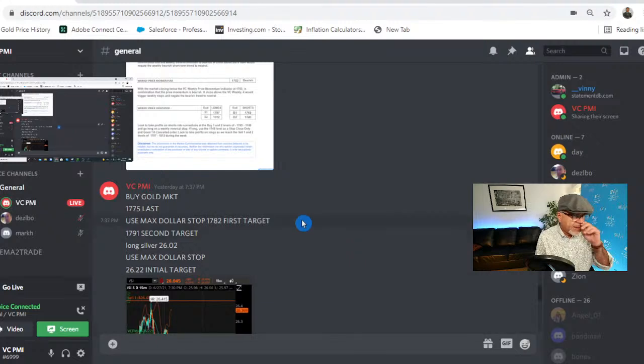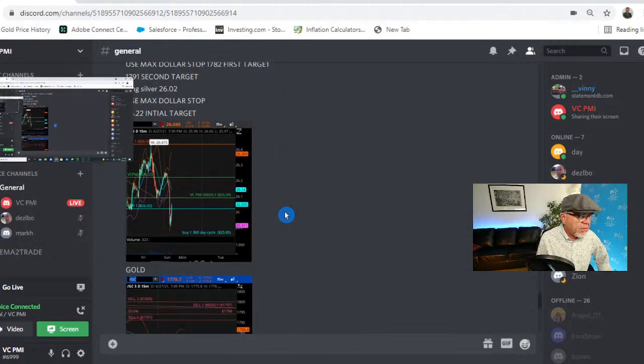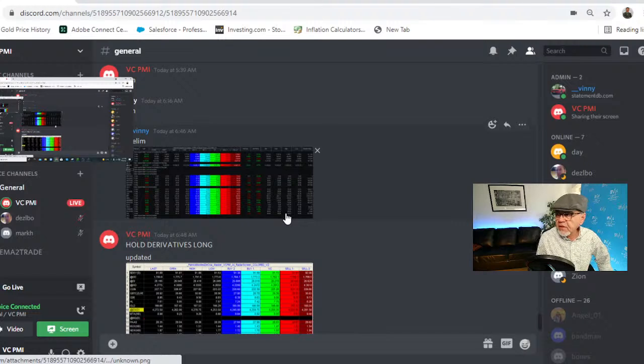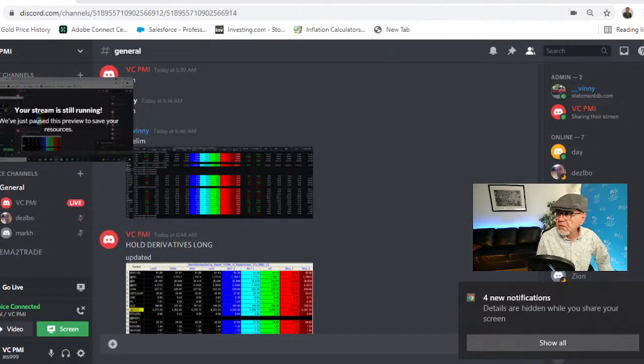We bought silver at 26.02, and automatically it gives you the stop again. 26.22 is the target and your stop. Very, very methodical trading.